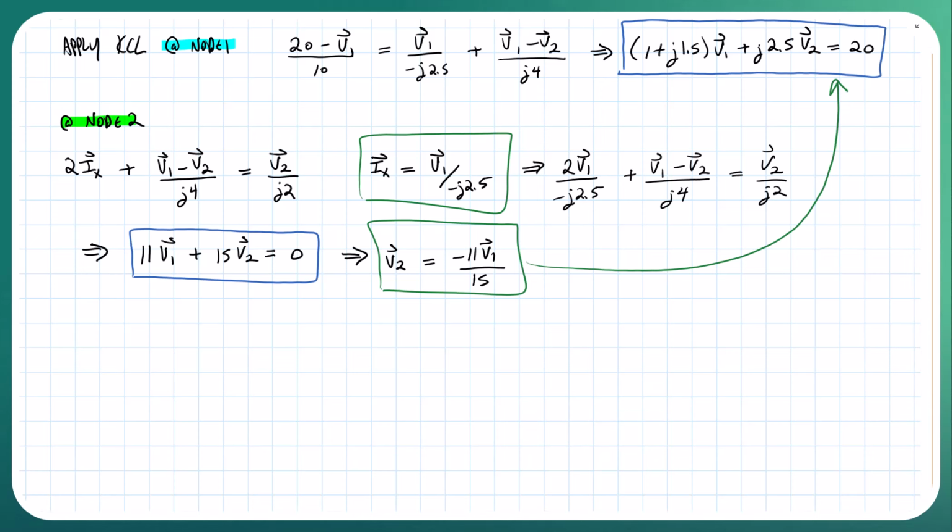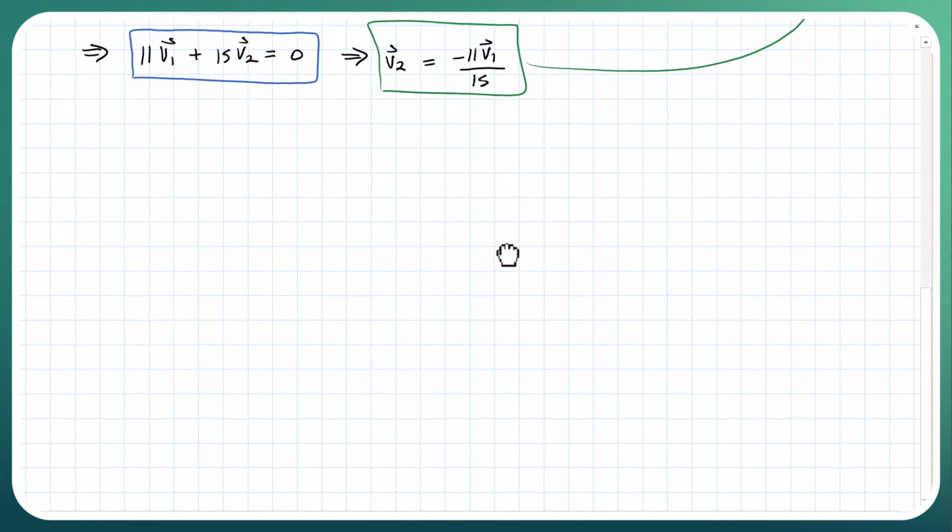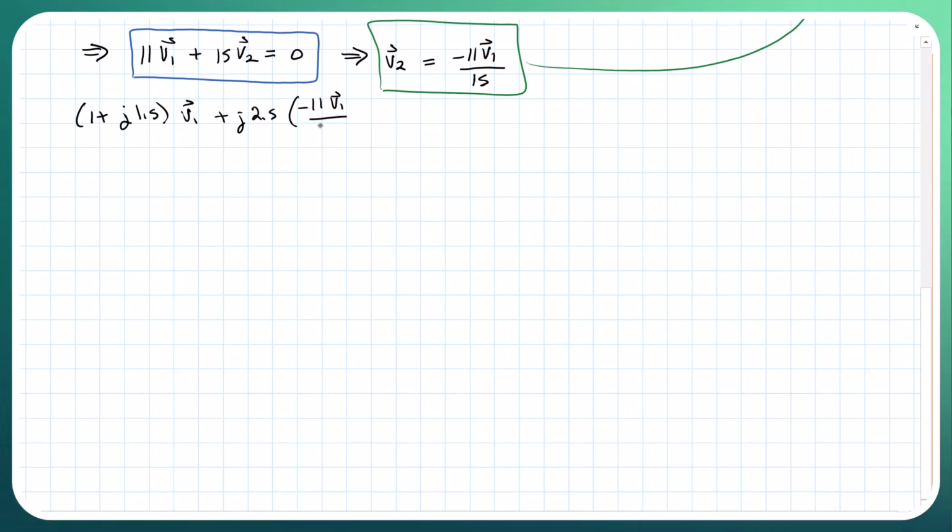If I do that, scroll up, I get 1 plus j1.5 V1 plus j2.5 times minus 11 V1 over 15 equals 20. Now we can simplify this several different ways, but let's just go ahead and take it step by step.